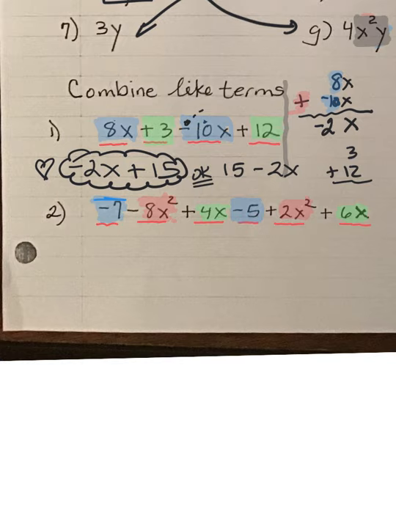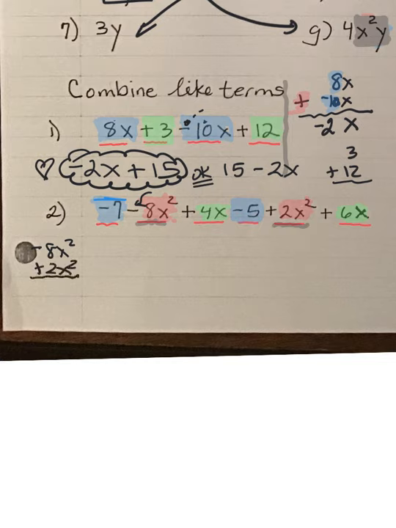We like to put our variables with the highest exponent first. So therefore, I'm going to start with these because they have the highest exponent. So I have a negative 8x squared, and I have a positive 2x squared.